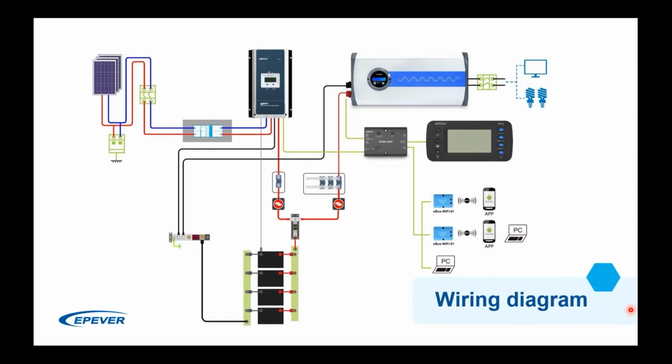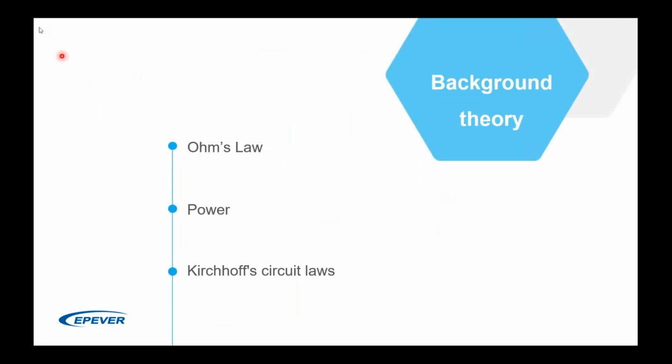Okay, so for those of you who were present in our last webinar, we covered the basics of electrical calculations within an off-grid circuit. Concepts such as voltage, current, Ohm's law, power, and Kirchhoff's circuit laws, the first and second law, were covered in the past webinar.